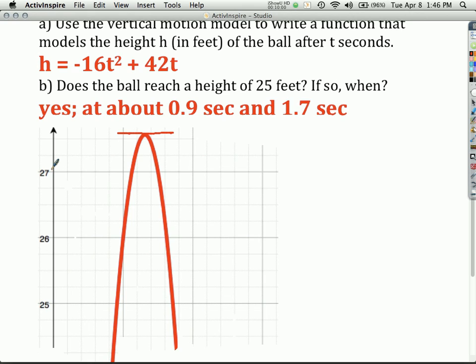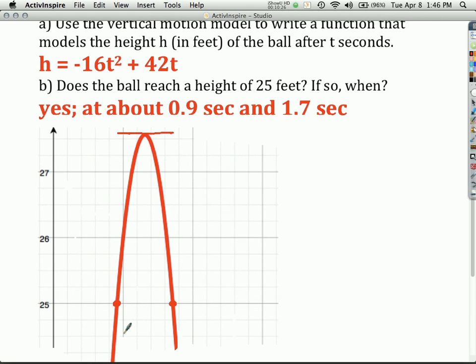Here's 27. Let's see, 1, 2, 3, 4, 1, 2, 3. Looks like about 27.5 feet is the maximum height of the ball. Right? There has to be. The ball is going to hit a top point and then it's going to start coming back down. But you can see right here that it reaches 25 feet in two different places.